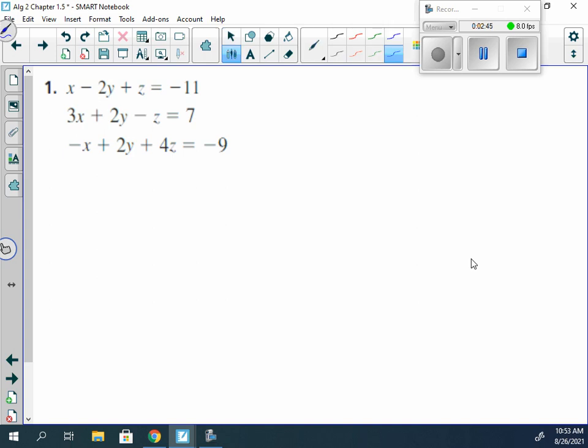Now, which equation do we want to be the eliminator equation? Or does it really matter? It doesn't really matter. We just need to pick one. So we use this as the eliminator equation, and we can go on and write the other 2 equations down.